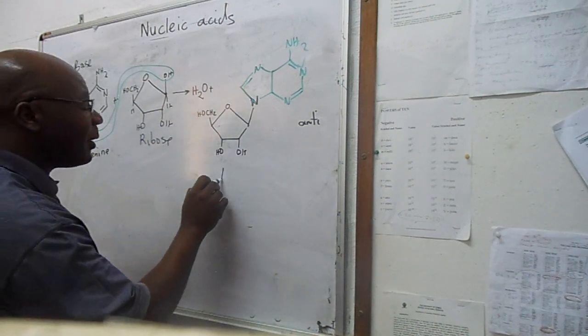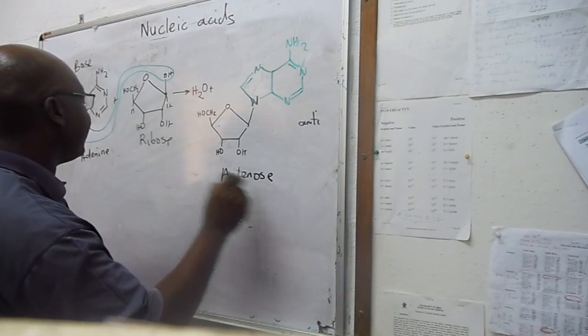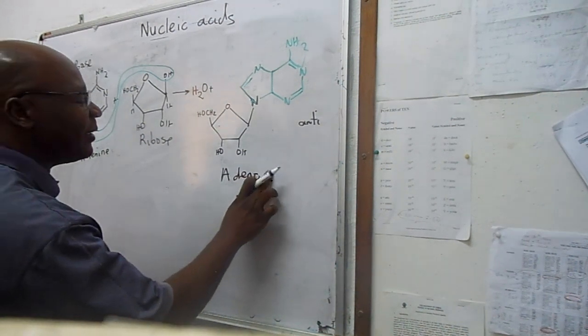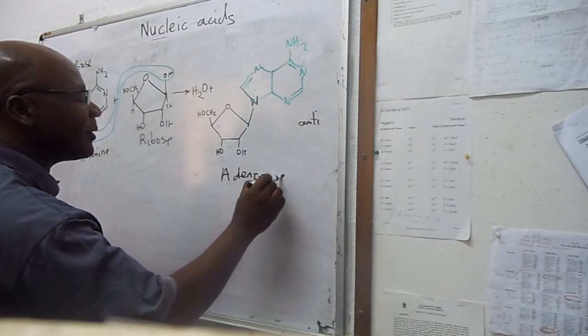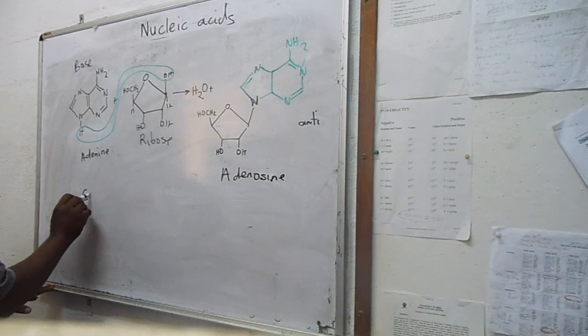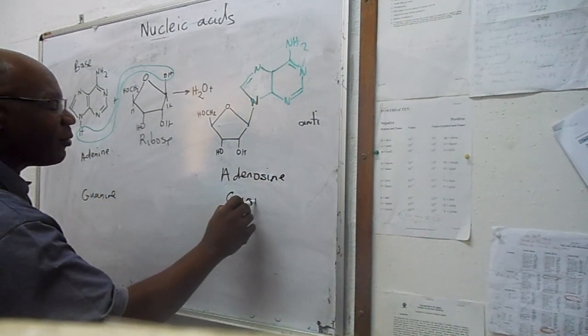The product will be adenosine. So if you had guanine, then it will be guanosine.